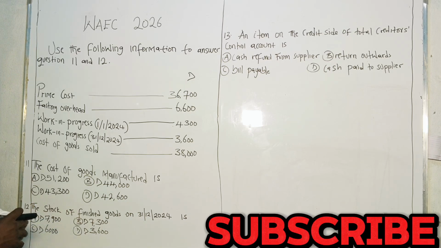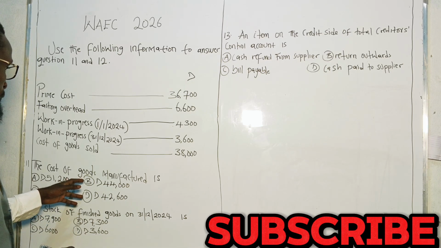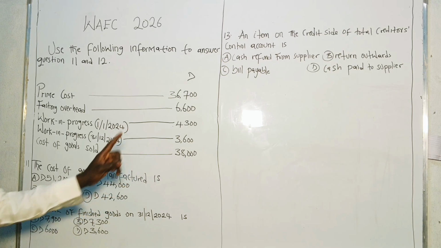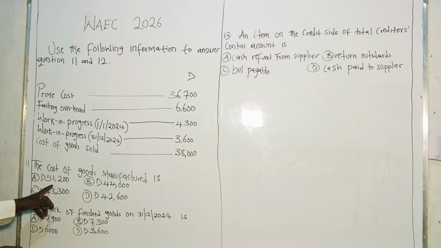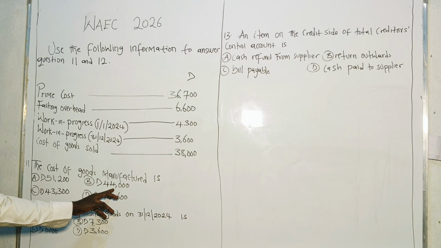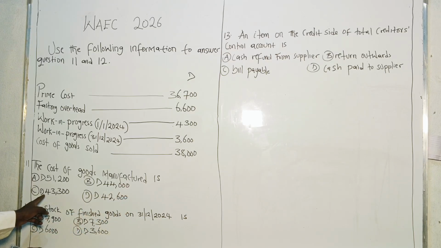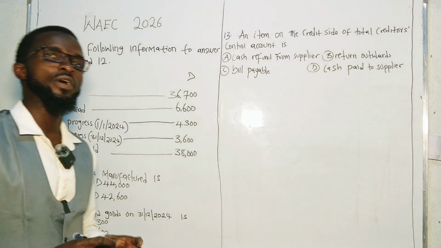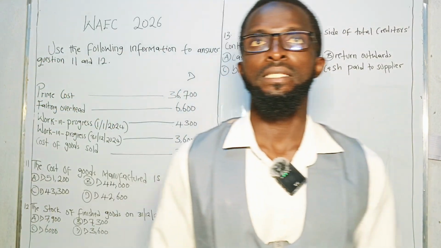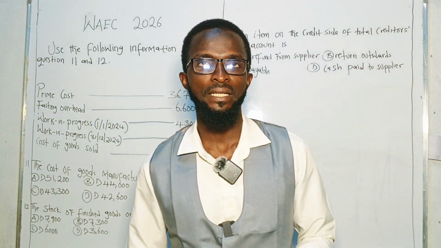Here is the question. The cost of goods manufactured is: A. $51,200. B. $44,000. C. $43,300. D. $42,600. Let's determine the correct answer.